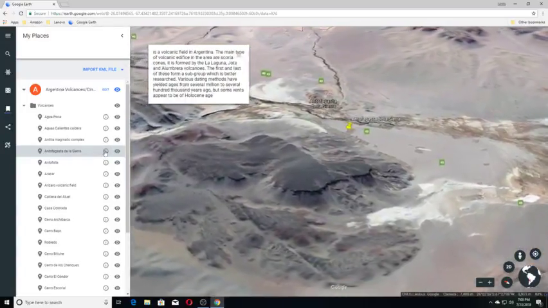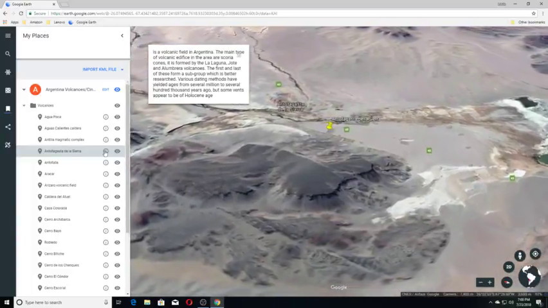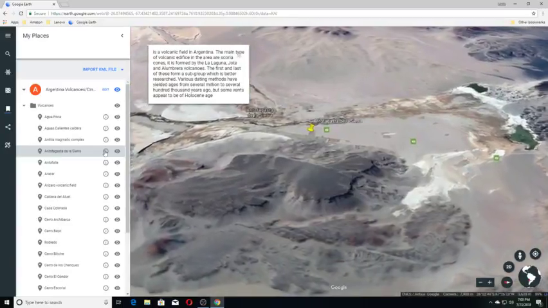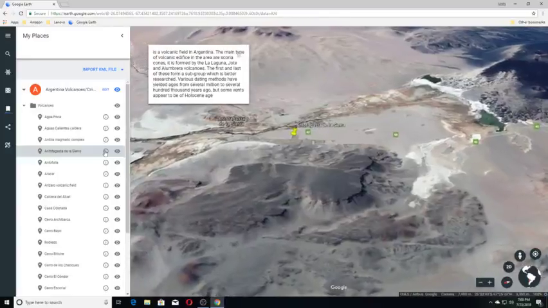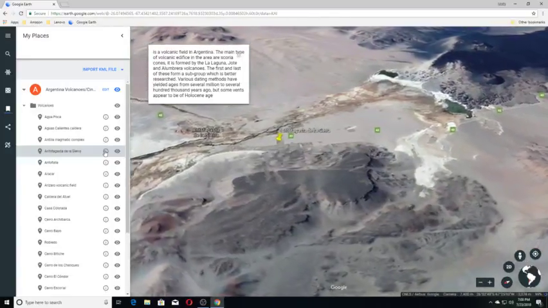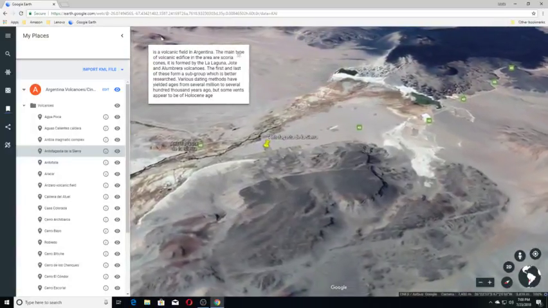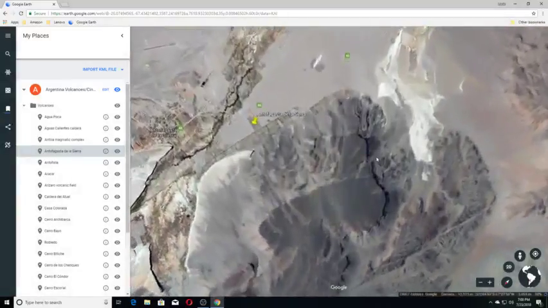The main type of volcanic edifice in the area are scoria cones. It is formed by the La Laguna, Jote, and Alubrera volcanoes. The first and last of these form a subgroup which is better researched. Various dating methods have yielded ages from several million to several 100,000 years ago, but some vents appear to be of Holocene age. So we're going to come and do another look.